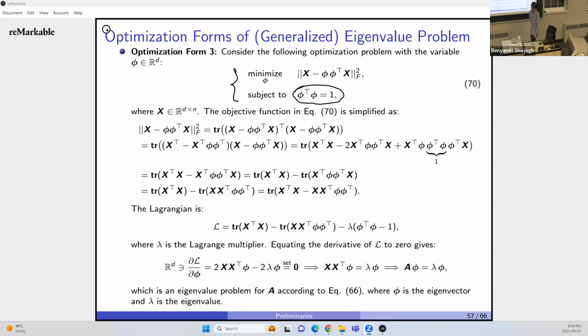Let's analyze it. So I have x. What is phi transpose x? We saw it in the previous session. What was u transpose x? It was the reconstruction of x after linear projection, right? Do you remember? If you don't remember, see the previous session.